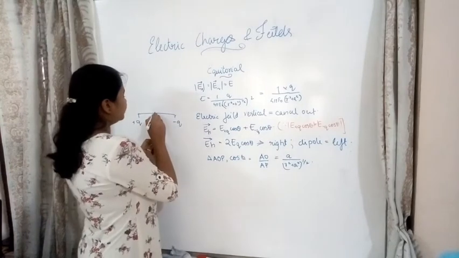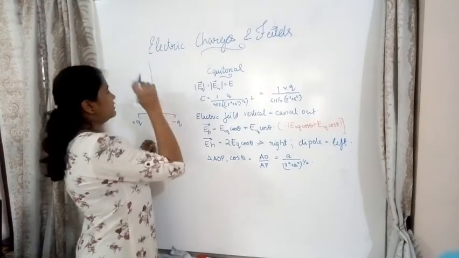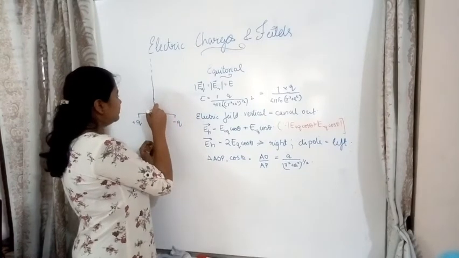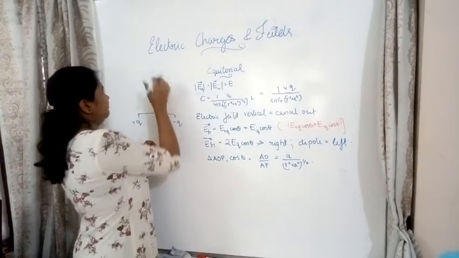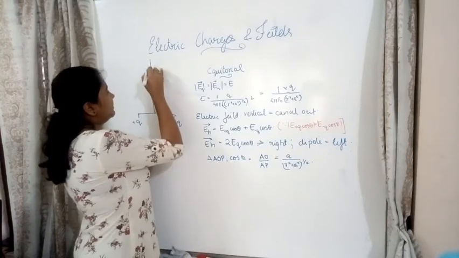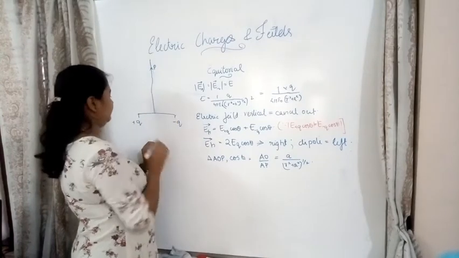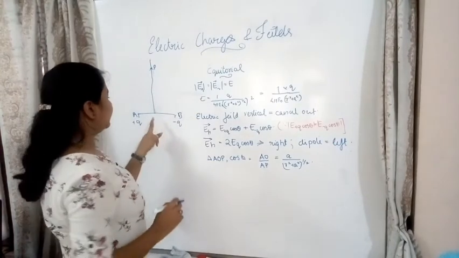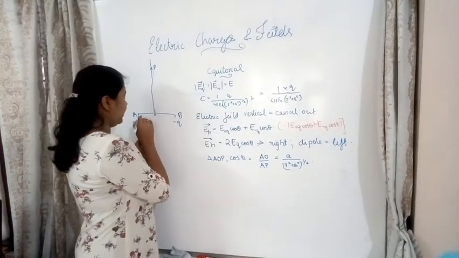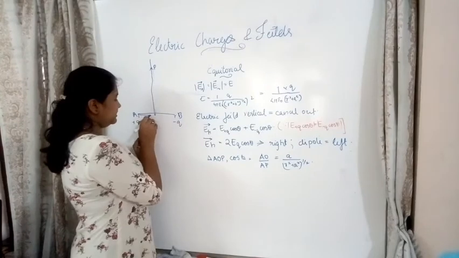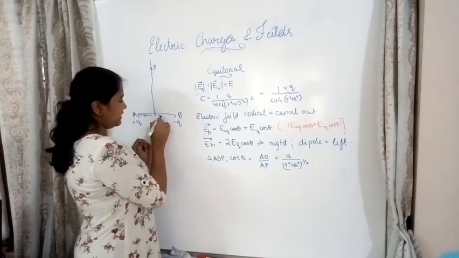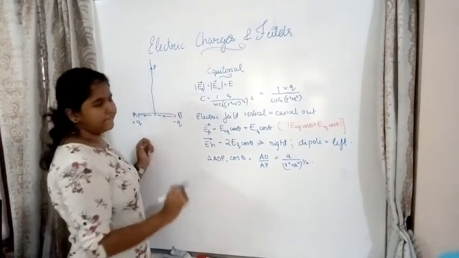Now we take the equatorial point. So this is the equatorial line. Over here, let's take a point P. Let's name this A and this B, and this is the center, so this is O. This distance is a, and this much is also a.